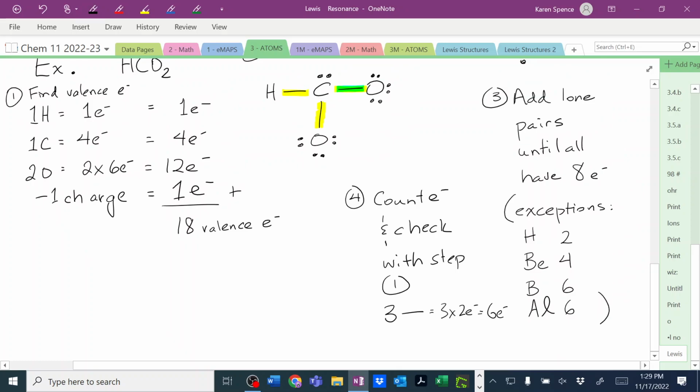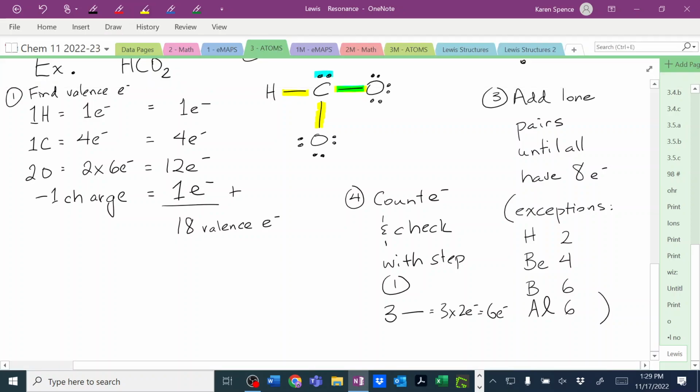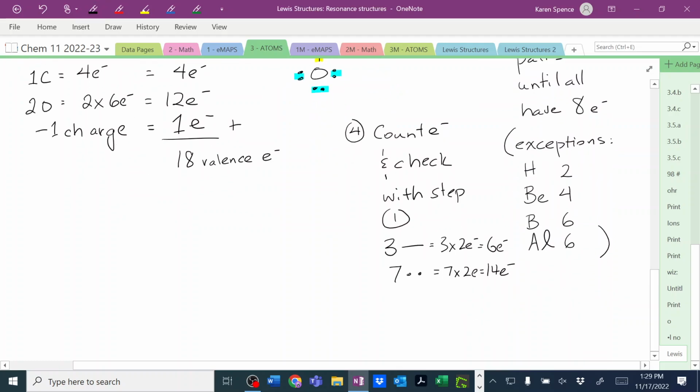In our structure, we also have 1, 2, 3, 4, 5, 6, 7 lone pairs, non-bonding pairs. So we have 7 lone pairs. So that's 7 times 2 is 14 electrons. So that gives us a grand total of 20 electrons.